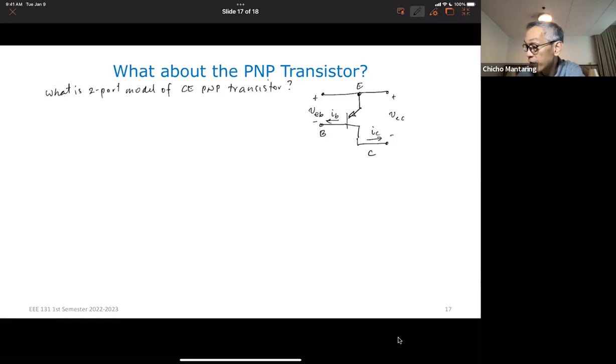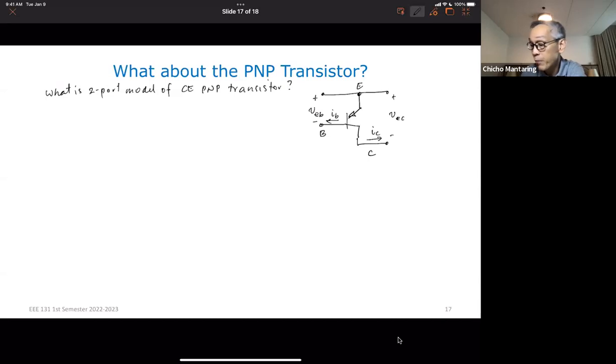This is i_c. So nagbaliktad yung direction of current, and then yung subscripts natin for voltages nagbaliktad din, which sanay na naman tayo sa BJT. When you have a PNP, nagbabaliktad. The same way pag MOS, pag P-channel MOS, nagbabaliktad din yung subscripts natin.